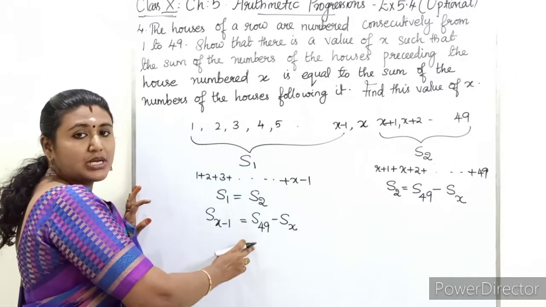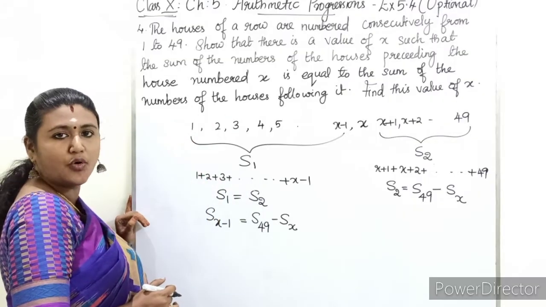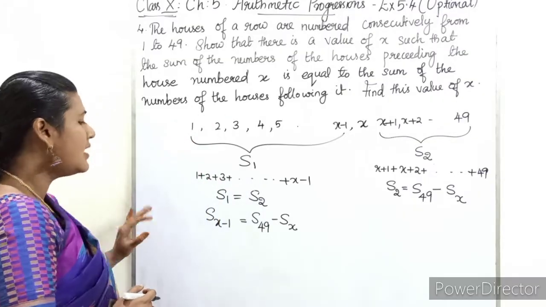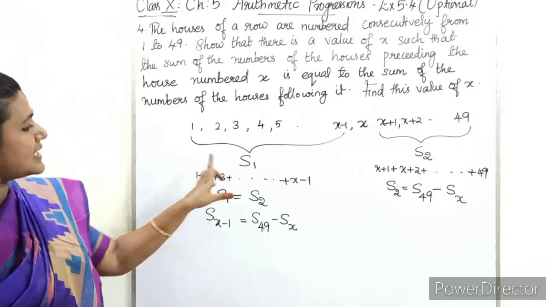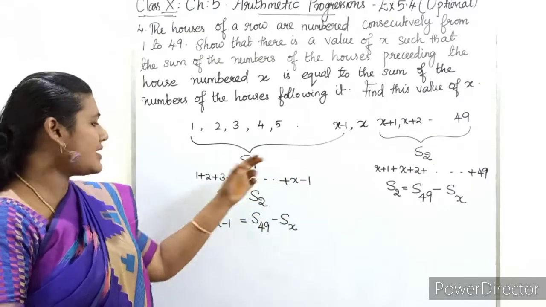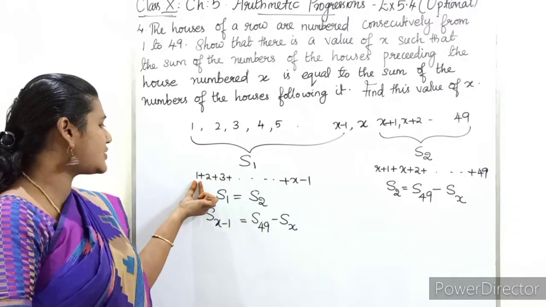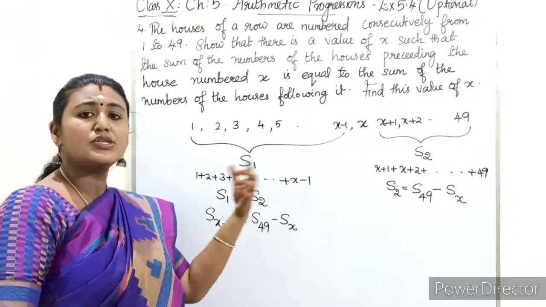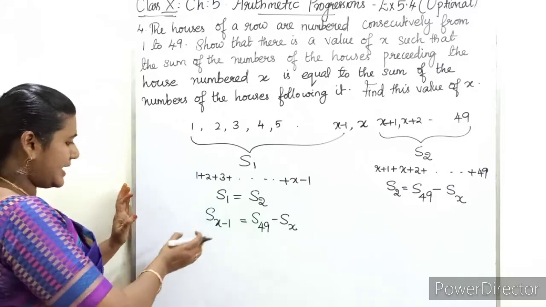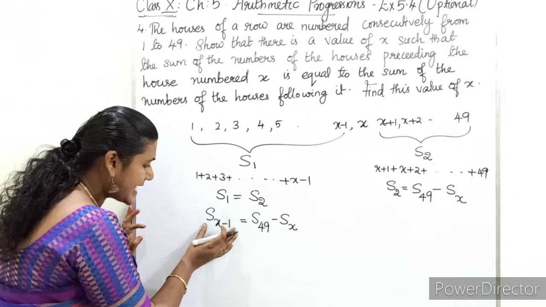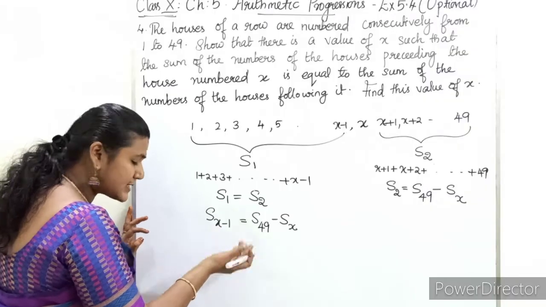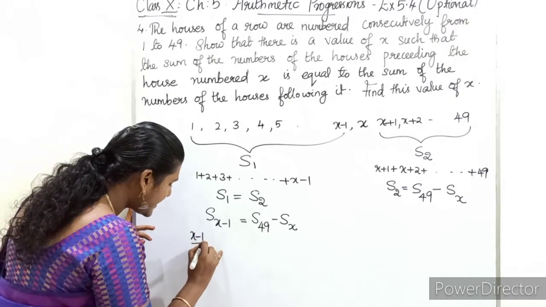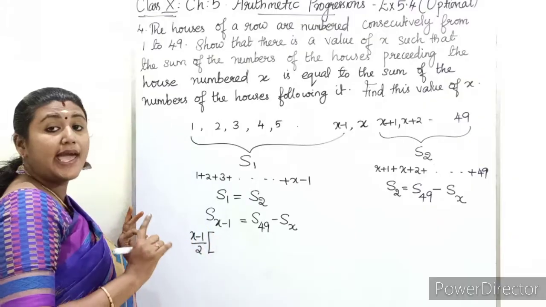So from this equation we are going to find the value of x. Here we will use the second formula for the sum, because the first and the last term we know. What is the formula for S(x minus 1)? n by 2, where n is x minus 1, so (x minus 1) by 2 into (a plus l).